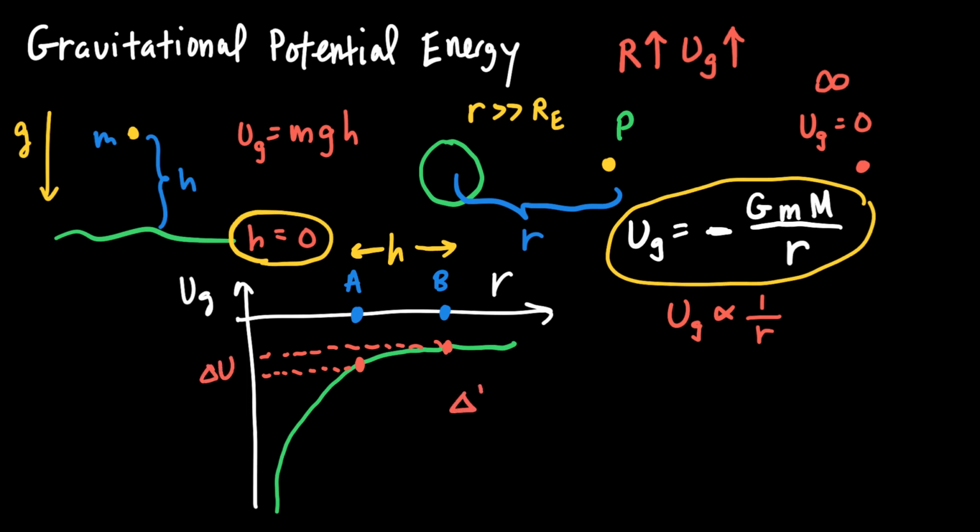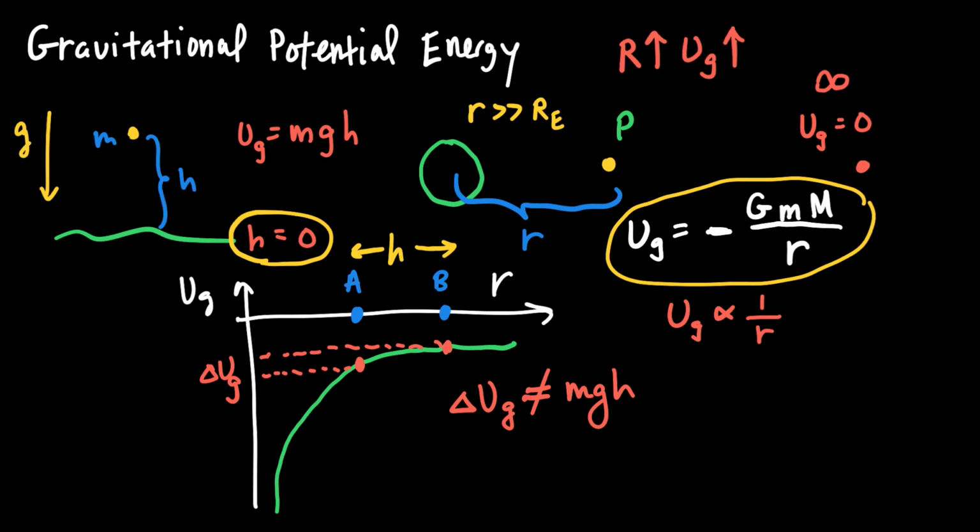And that difference is not equal to mgh if points A and B are far apart and we're not near the surface of the Earth. We would have to use the expression that we have here, minus G times m divided by r, to find that difference in gravitational potential energy.